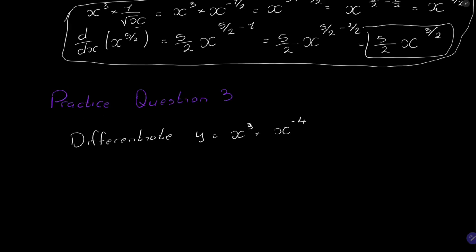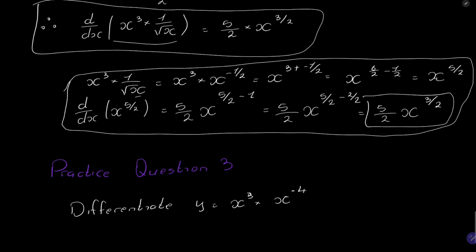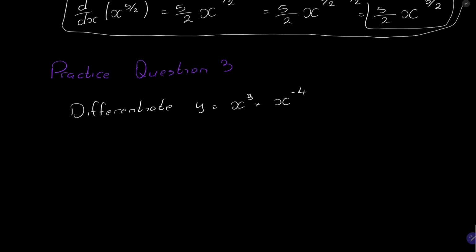So this question is much simpler than our second practice question, but you guys can still attempt it in order to ensure that you have understood the method of product rule perfectly.